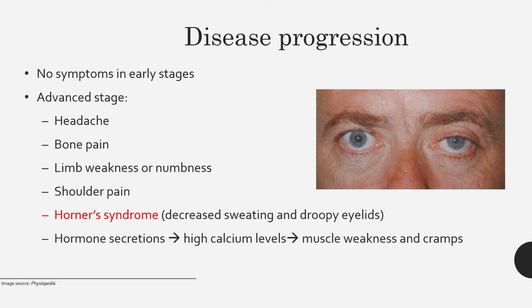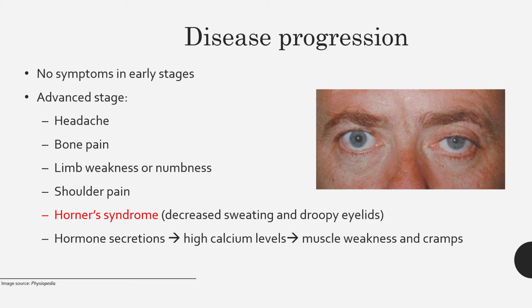Majority of patients initially present with no symptoms. If left untreated, the cancer can spread to distant areas such as the brain and bones, leading to complications such as headache, bone pain, and limb weakness or numbness. The tumor can also invade into nerves, causing shoulder pain.